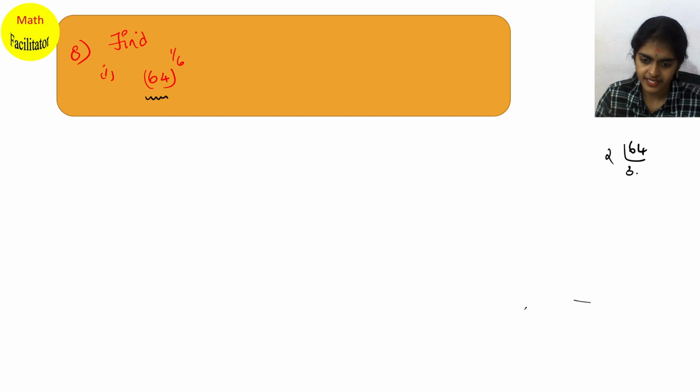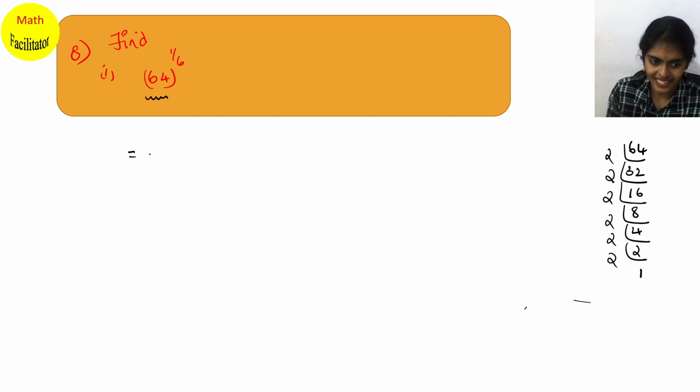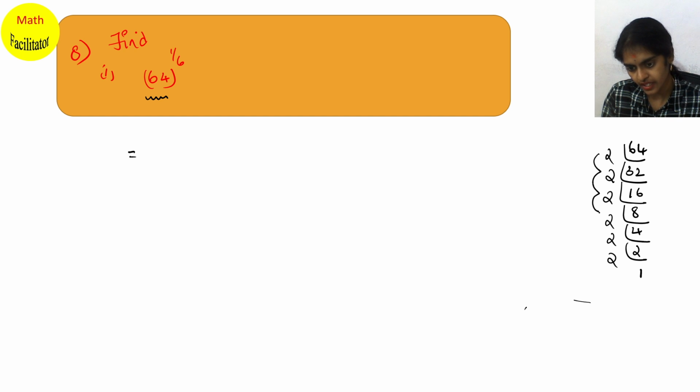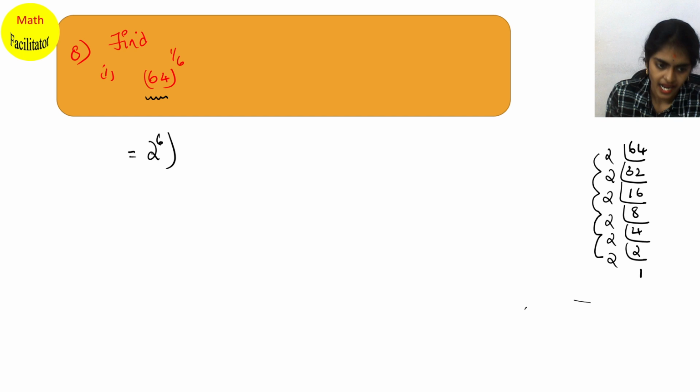2 3s are 6, 2 2s are 4, 2 16s are 32, 2 8s are 16, 2 4s are 8, 2 2s are 4, 2 1s are 2. So 64 I can write as 2 to the power 6, and you have whole power 1 by 6.